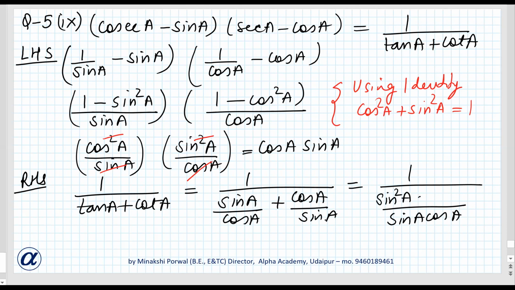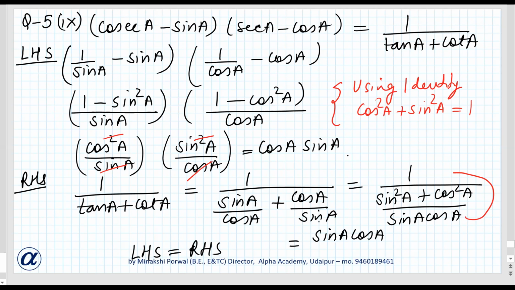Similarly, sin A is here, sin A is here and cos A is the extra term, so cos A should be multiplied here. So this will be cos square A. This denominator will become part of the numerator, and sin square A plus cos square A is 1. Now LHS and RHS both are equal, so it is proved.